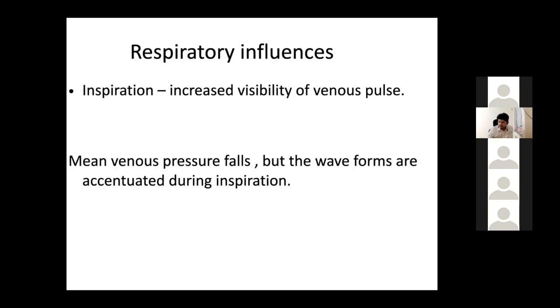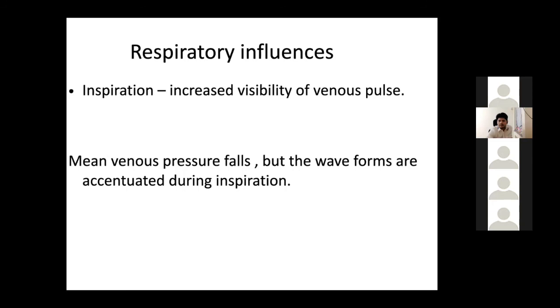Now coming to the respiratory influences. As I already told you, Kussmaul sign is the inspiratory rise of the JVP. Normally, though the mean venous pressure falls during inspiration, the waveforms are usually accentuated and become prominent.